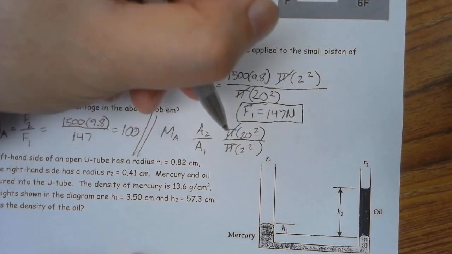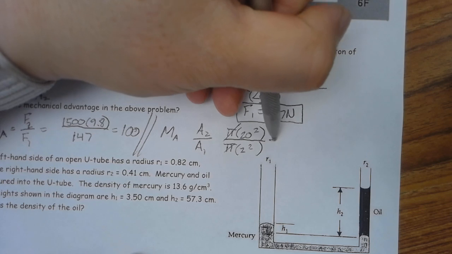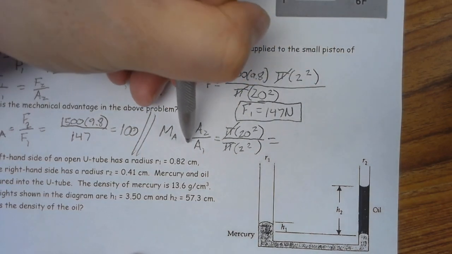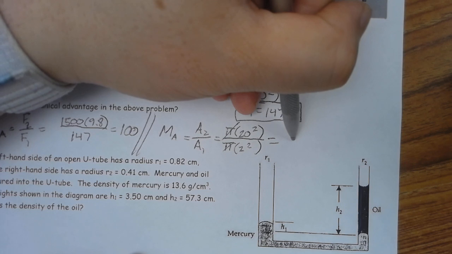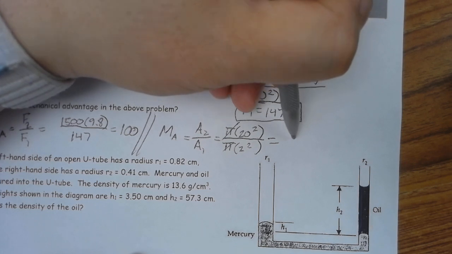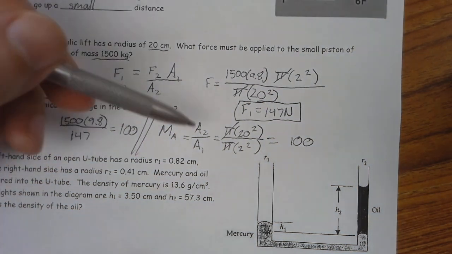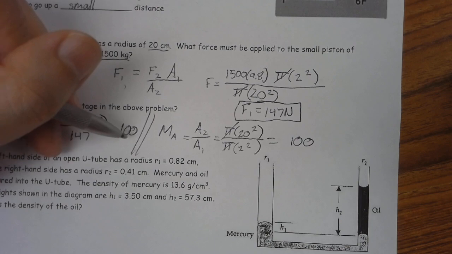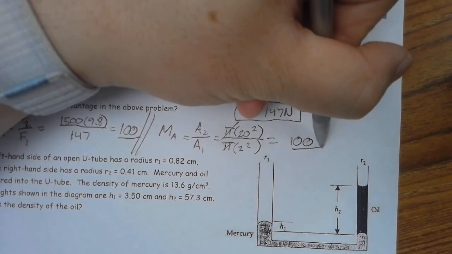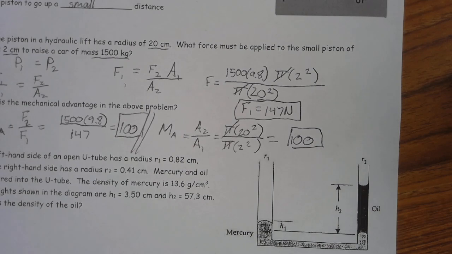And of course our pi's cancel, and we find out that we just need to take 10 squared, or 100. And it's area over area, or it's force over force. So the mechanical advantage is unitless: 100, or 100 times the force output.